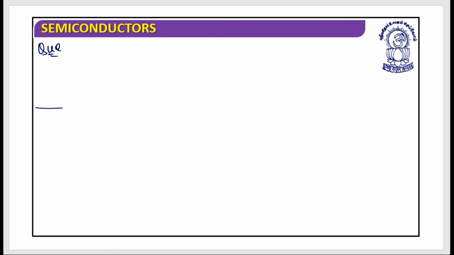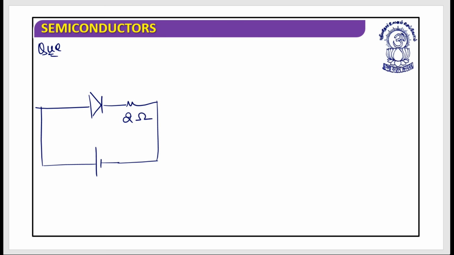Let's suppose the question said, let's first look at the circuit diagram. So this is the situation, and this is 2 ohm. This is a silicon diode. This is 10 volt.